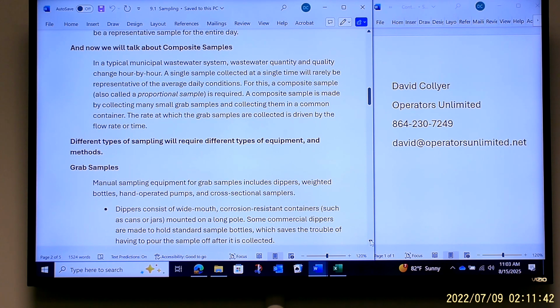For this, a composite sample, also called a proportional sample, is required. A composite sample is made by collecting several small grab samples in a common container. The rate at which the grab samples are collected is driven by the flow rate or time.